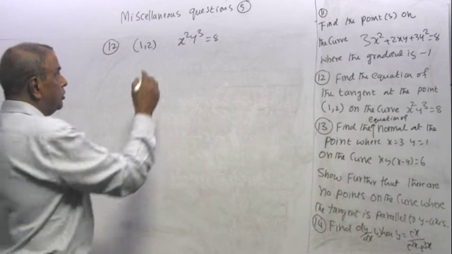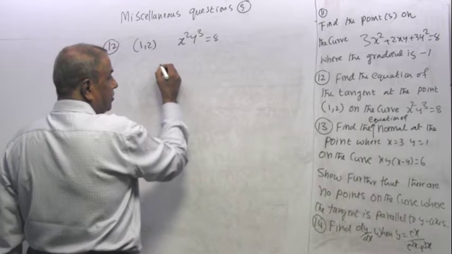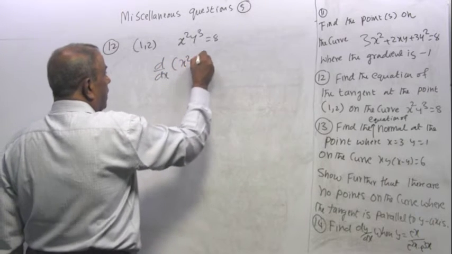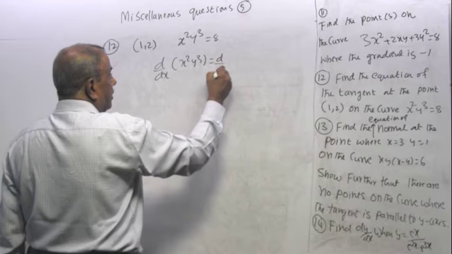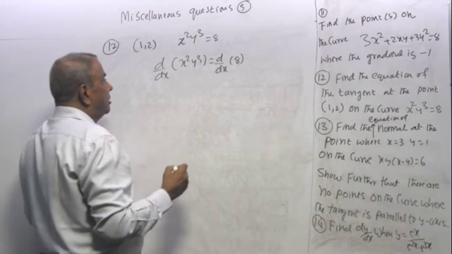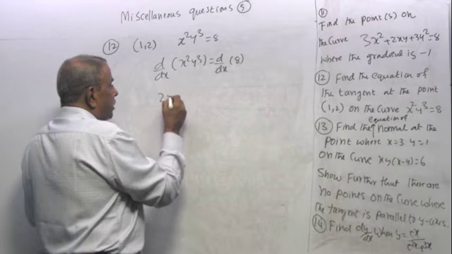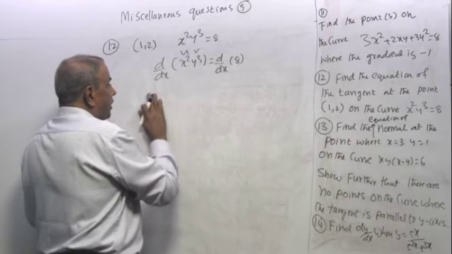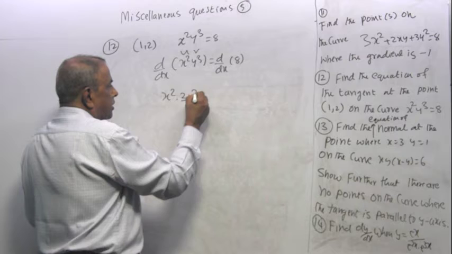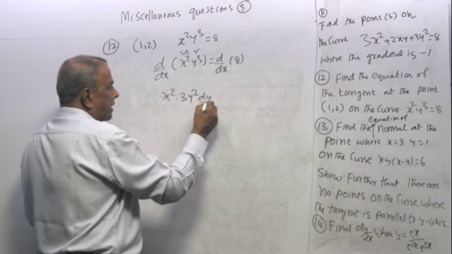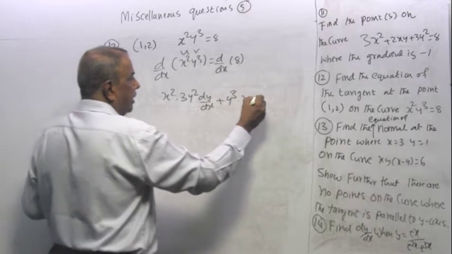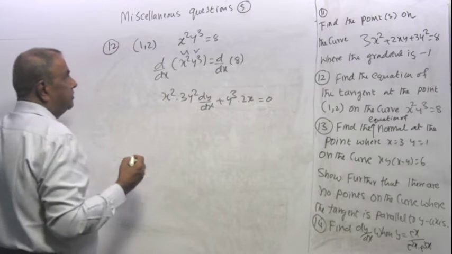Well, as usual, tangent, so d by dx of x squared y cubed equals d by dx of 8. So x squared gives you 2x, u times... v is y cubed, differentiating gives 3y squared dy by dx, plus v is y cubed, x squared gives you 2x, equals 0.